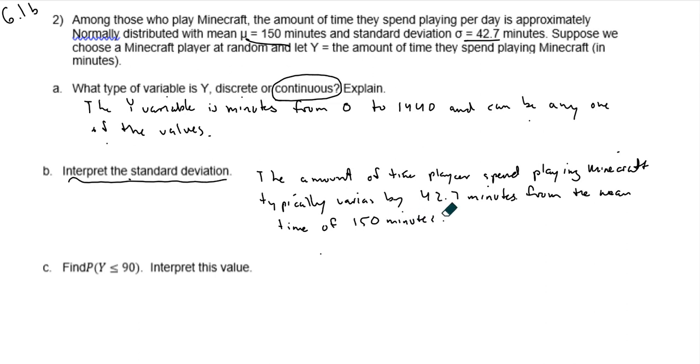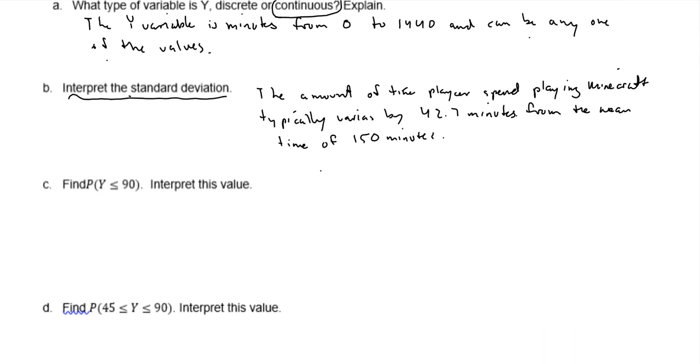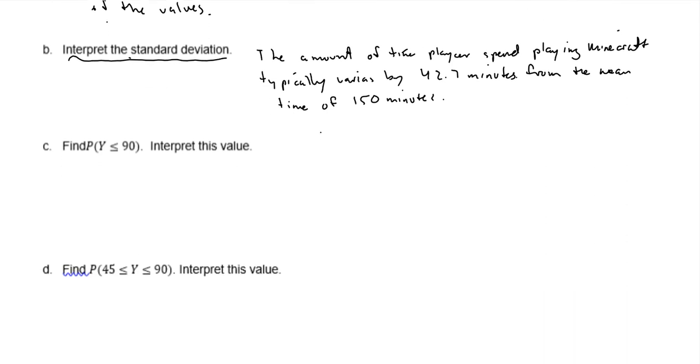So the amount of time players spend playing Minecraft typically varies by 42.7 minutes from the mean time of 150 minutes. So that's what we have for our standard deviation.